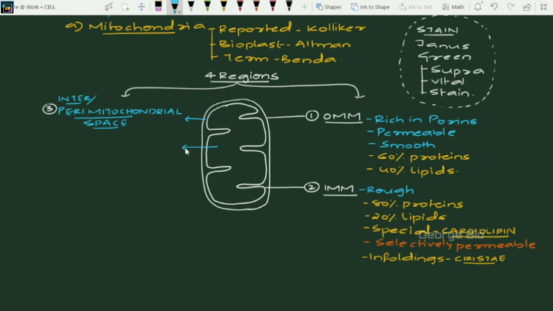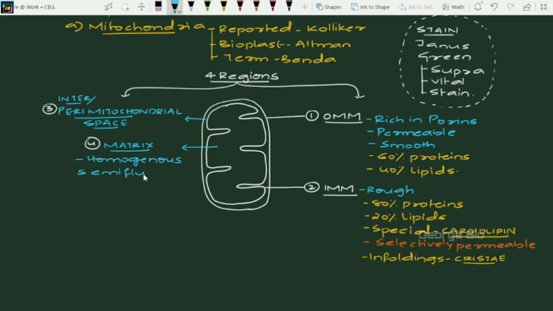Now this matrix region consists of a dense homogeneous semi-fluid substance that is called matrix. Number 4 is the matrix region. And what is this matrix region? It's a homogeneous semi-fluid substance.